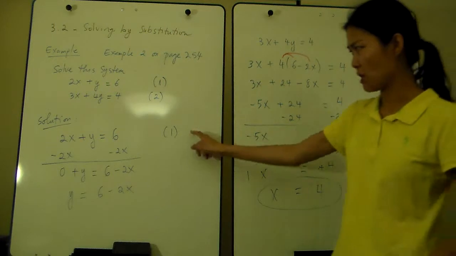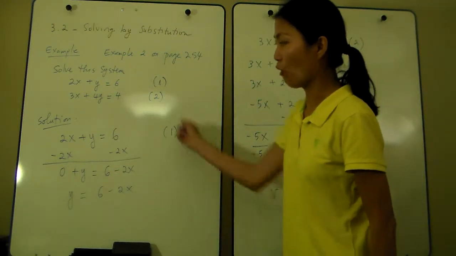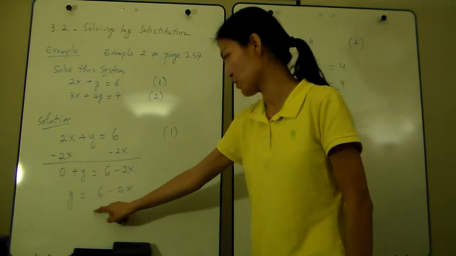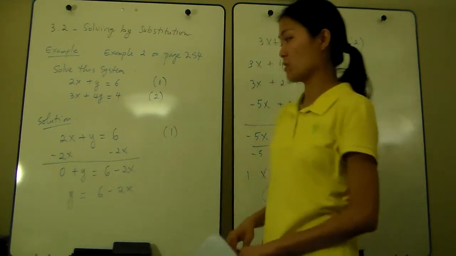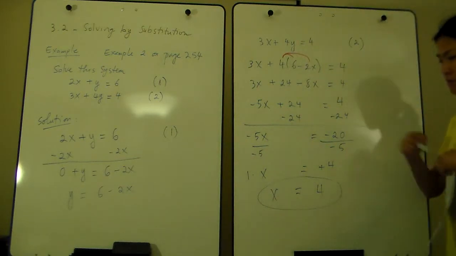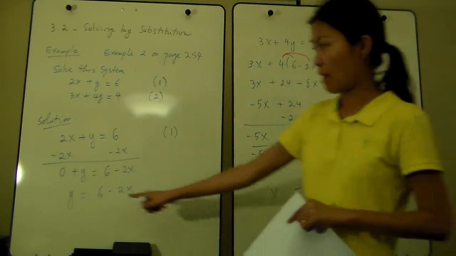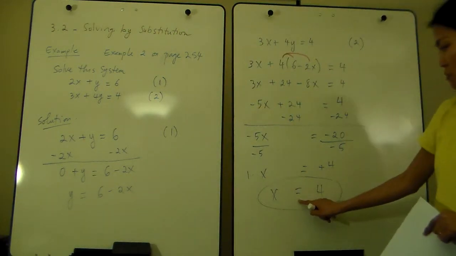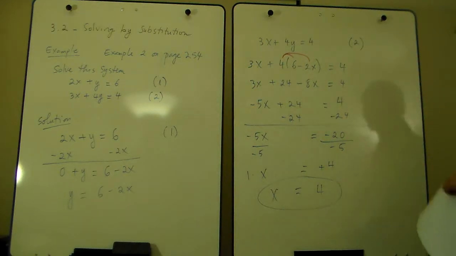Now just remember, equation 1, we already found its equivalent form, which is y equals 6 minus 2x, okay? This is also equation 1, just written in a different form. So, since you have x equals 4, you can find y by substituting this x equals 4 into this x in equation 1.